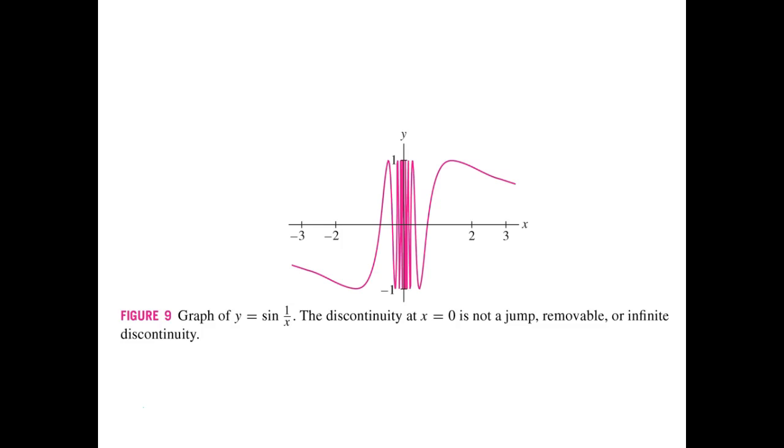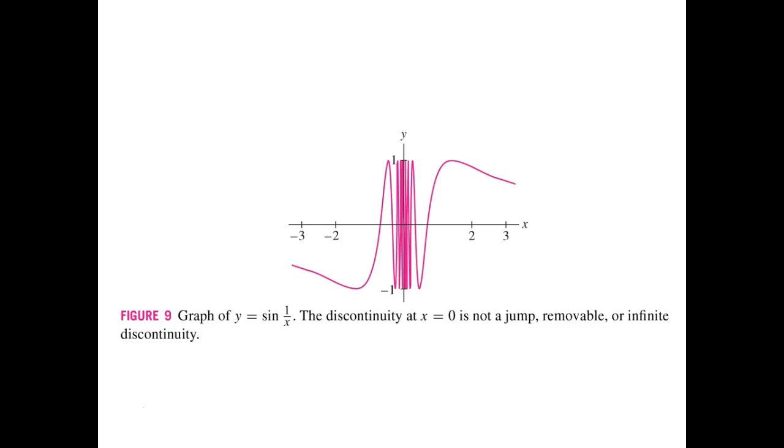Okay? And for some reason, they love this kind of expression. I don't think that happens in nature ever. 1 over x doesn't happen in nature ever. So why do they make such a big deal about it? I don't know.